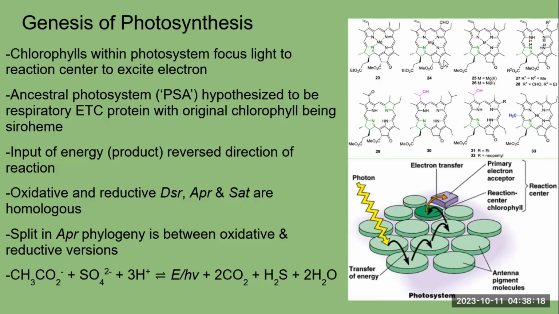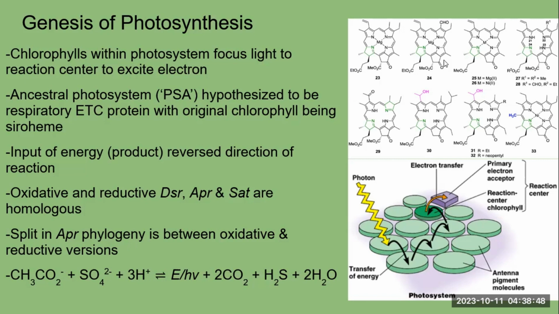Although the oxidation and reduction of elements like iron and oxygen are carried out by non-related enzymes, the oxidation and reduction of sulfide and sulfate are carried out by homologous versions of DSR, adenylyl sulfate reductase, or APR, and sulfate adenylyltransferase, or SAT. Furthermore, reductive DSR enzymes are paraphyletic, while oxidative ones are monophyletic, indicating that these were likely initially used in respiration.